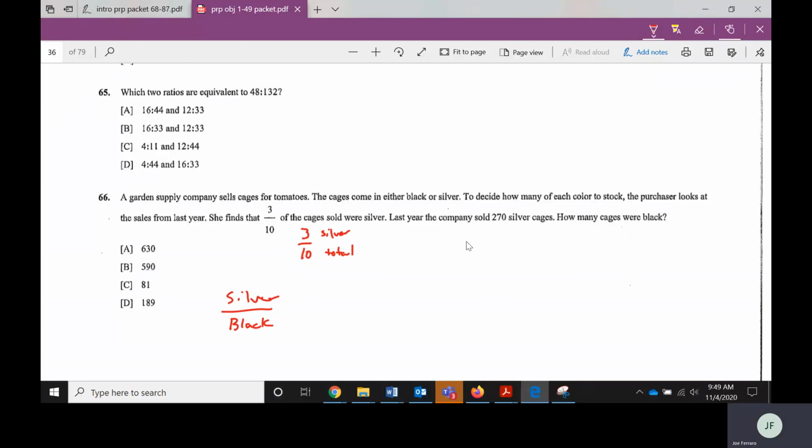So silver of the unknown pair is 270. And we're wondering when we have that, how many are black? So we have to set this up over here, silver and black.